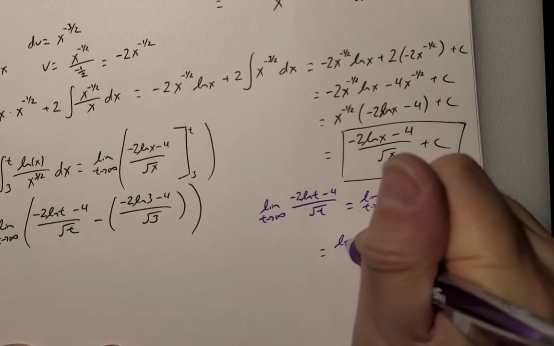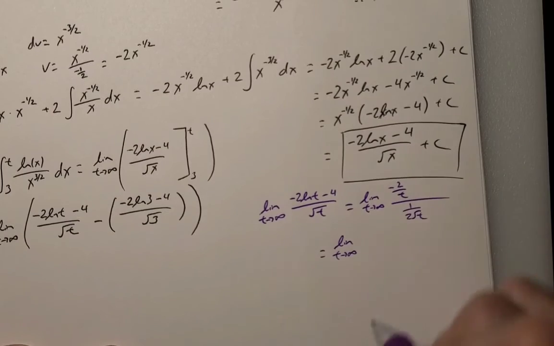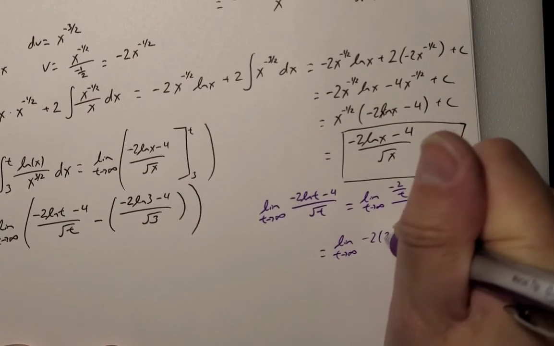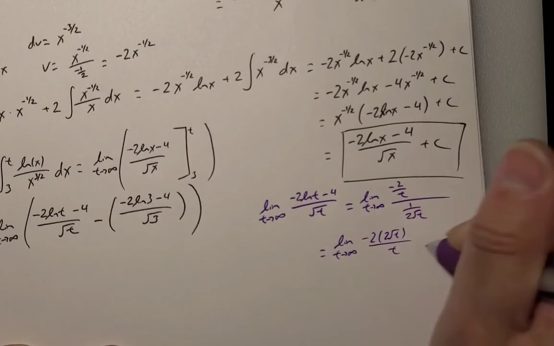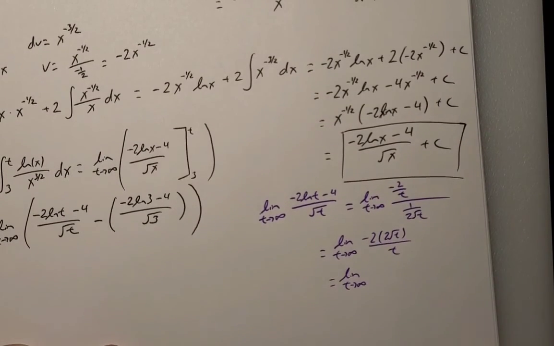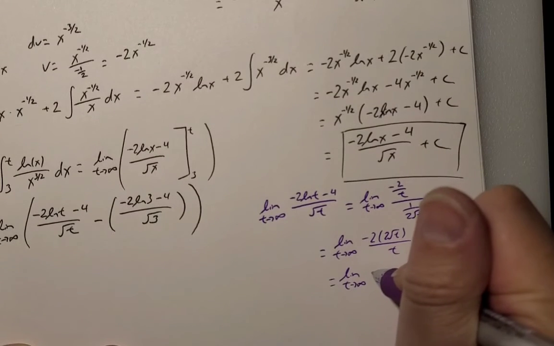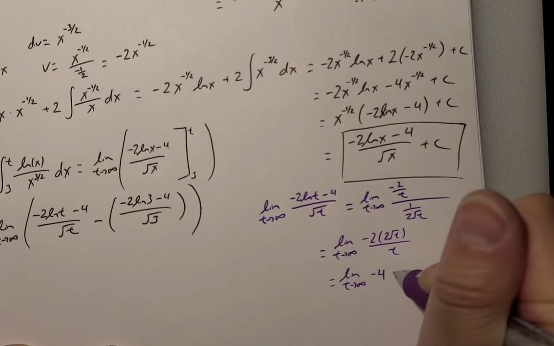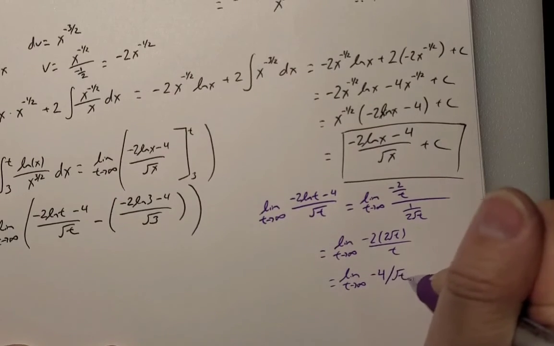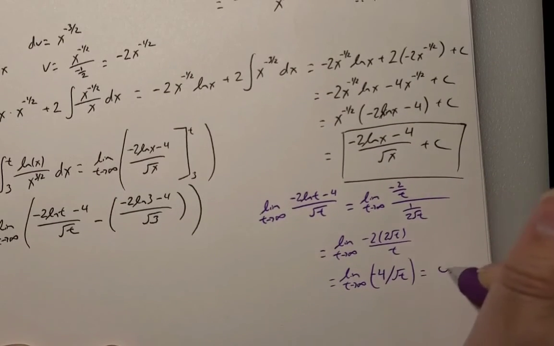Okay, so we simplify. The limit as t approaches infinity of, we can bring this to the top, so it'll be minus 2 times 2 root t over t, which is the limit as t approaches infinity of minus 4 divided by square root t, which is 0.